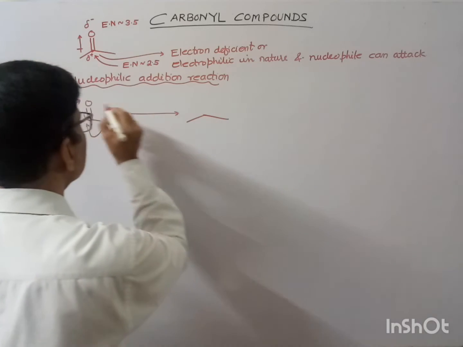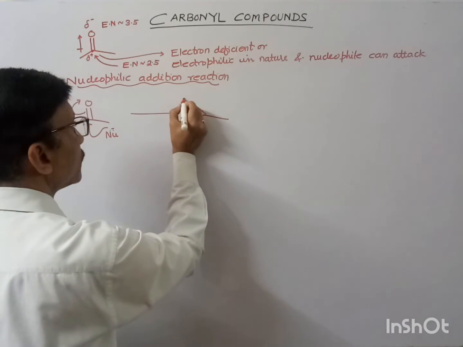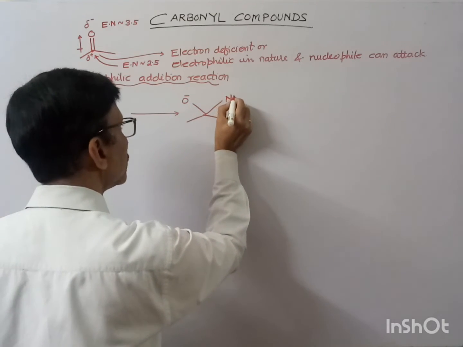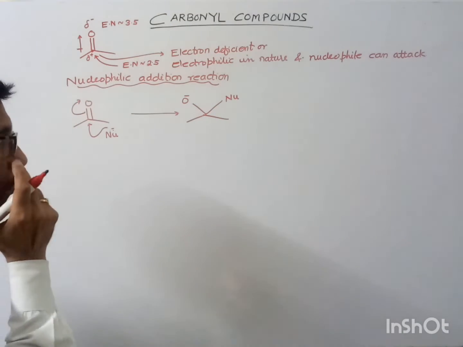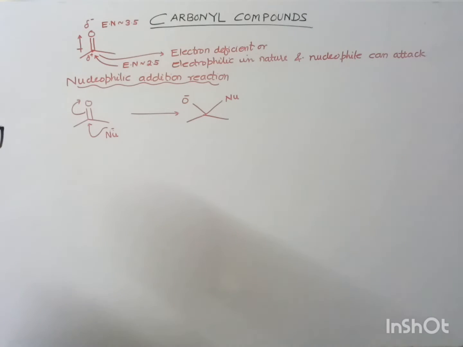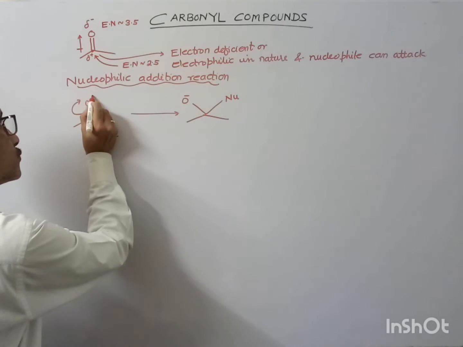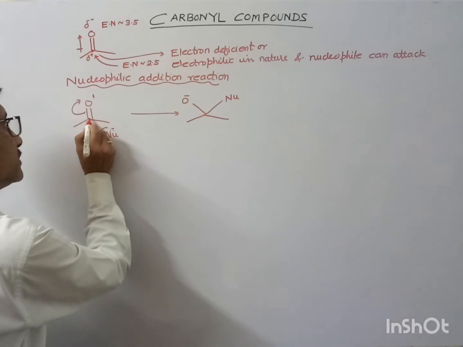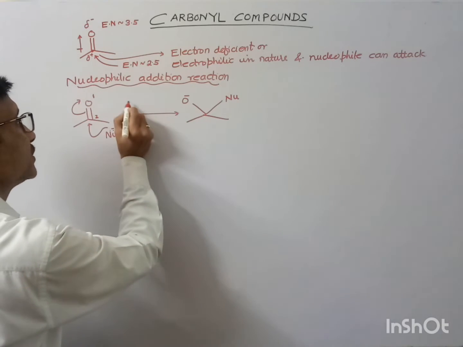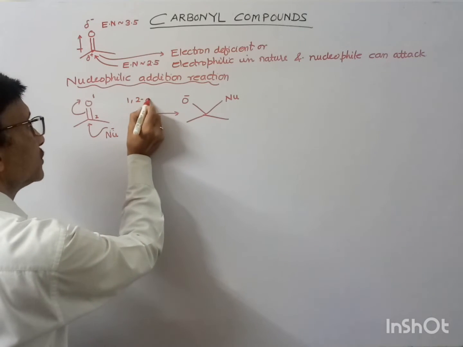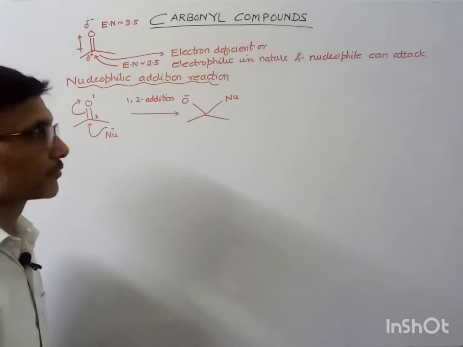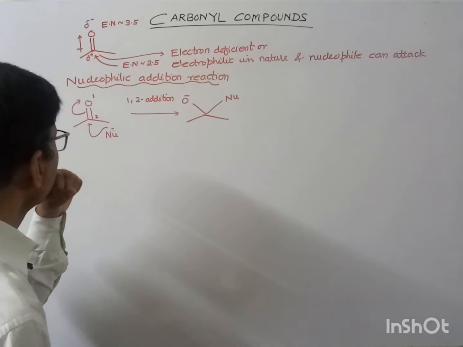The oxygen will carry a minus charge, and the nucleophile will add over here. What type of addition do you see here? Suppose I number this oxygen as 1 and this carbonyl carbon as 2, then this addition is called a 1,2 addition.